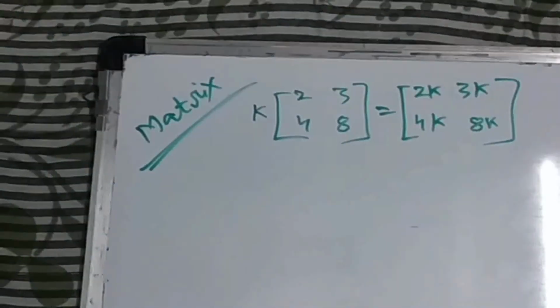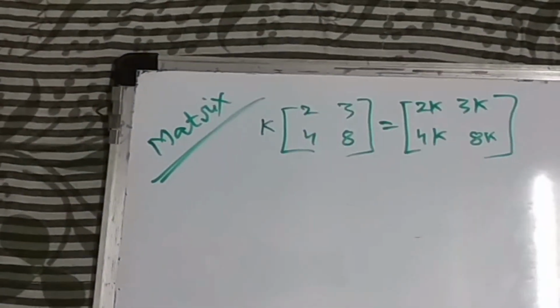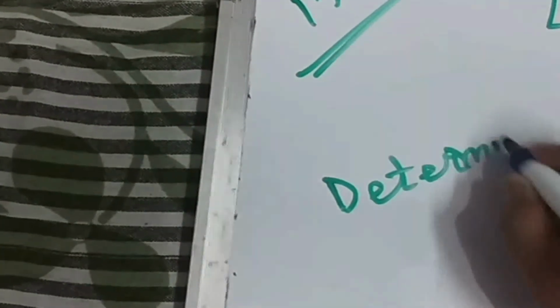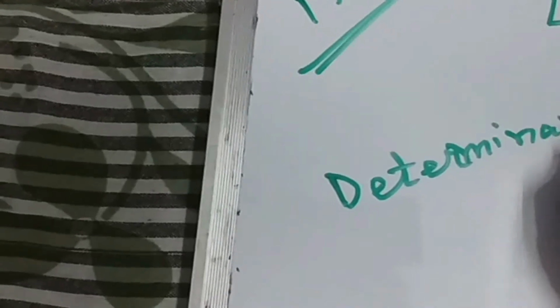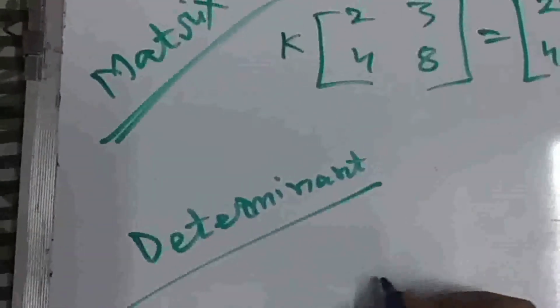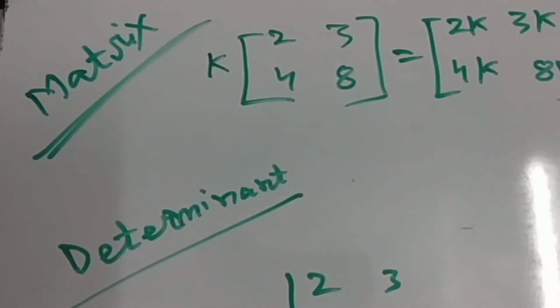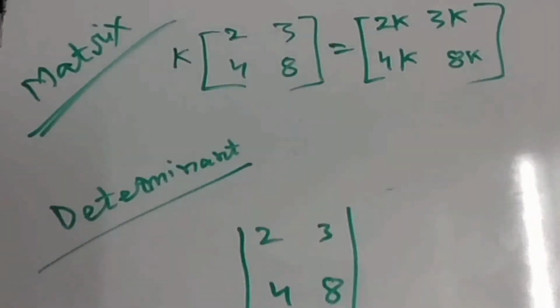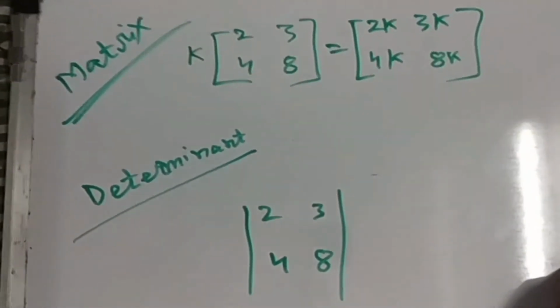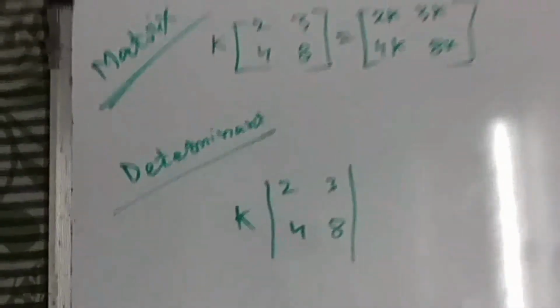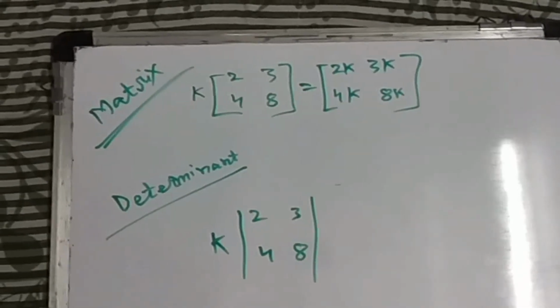Now in determinant the case is different. In case of determinant, take the determinant 2, 3, 4, 8, the determinant of the same matrix, within parallel lines. Here I am multiplying by k. These two things you can see the difference. In the first example I multiplied k with a matrix.